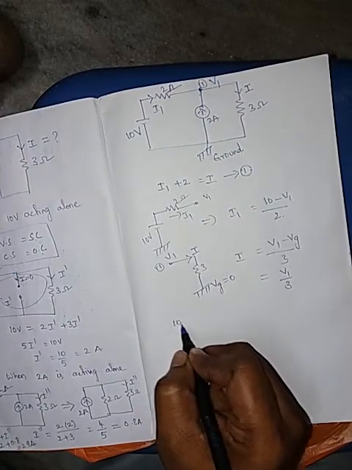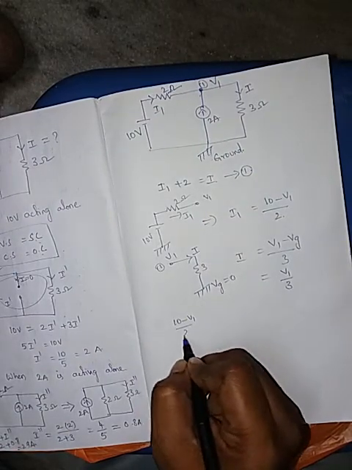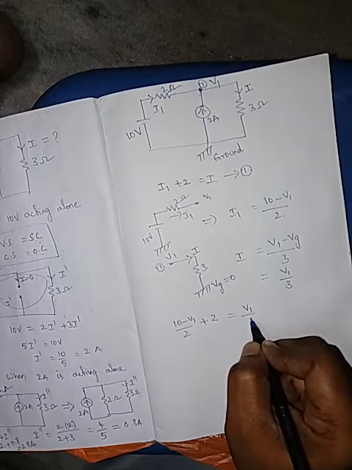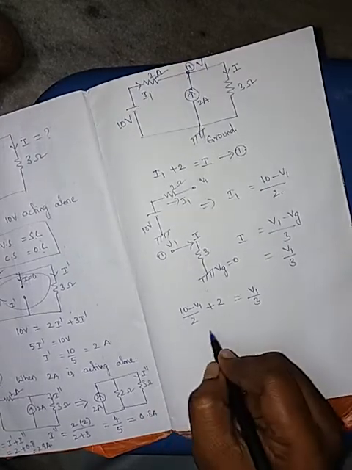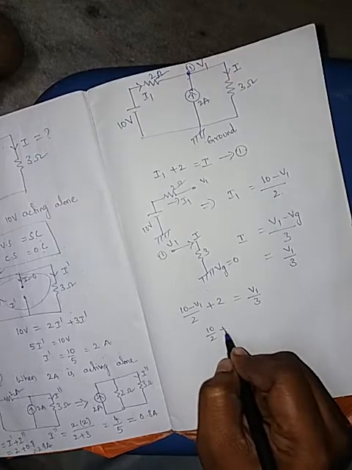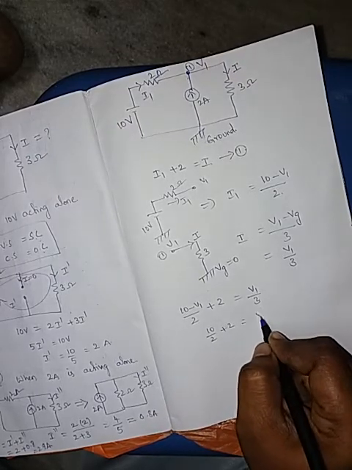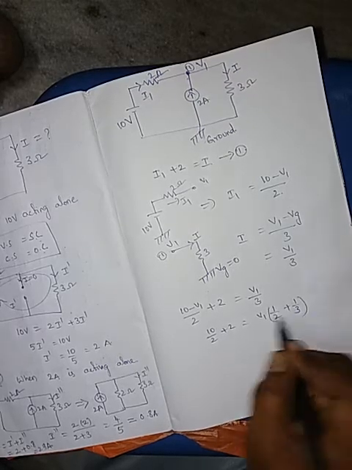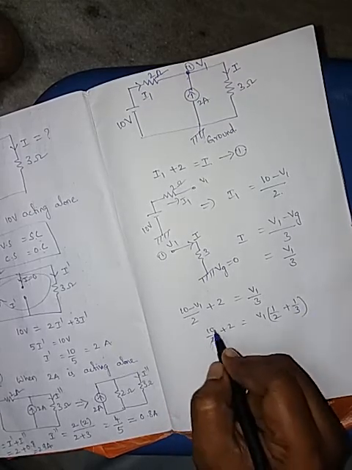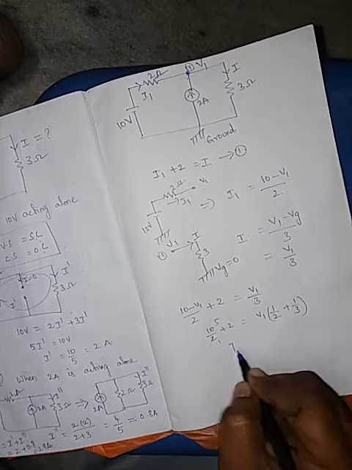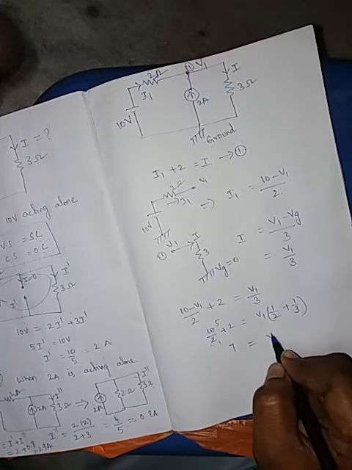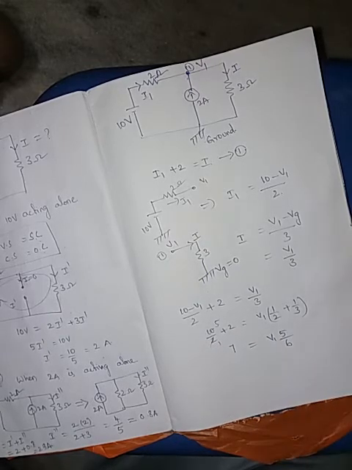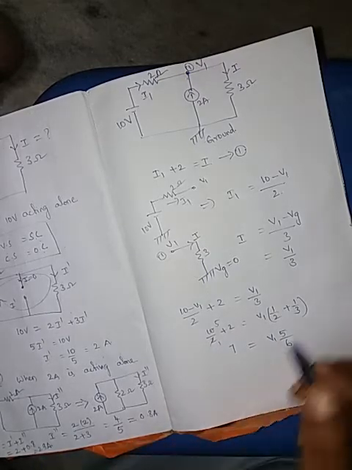Then (10 minus V1) by 2 plus 2 is equal to V1 by 3, that is 10 by 2 plus 2 is equal to V1 into (1 by 2 plus 1 by 3). If you rearrange this equation, 7 is equal to V1 into 5 by 6.